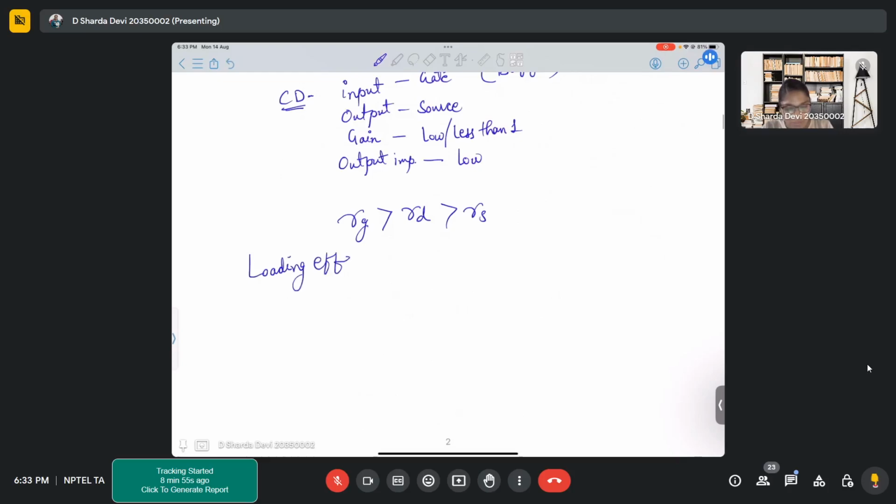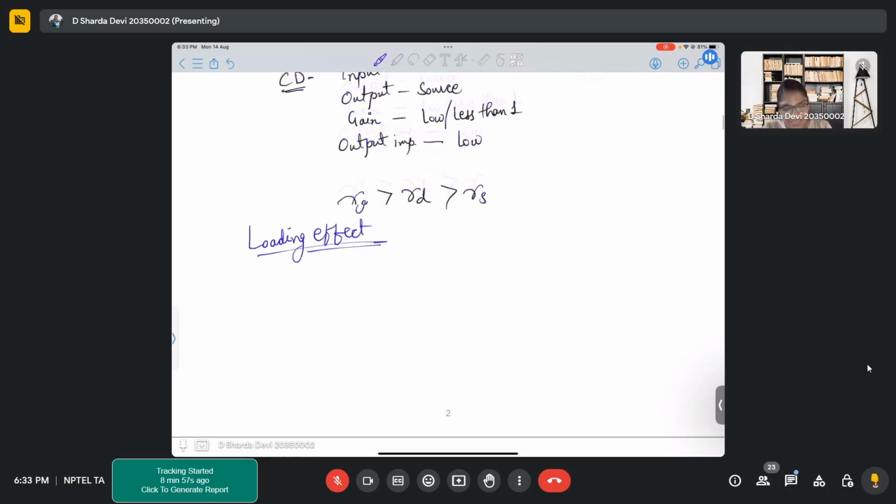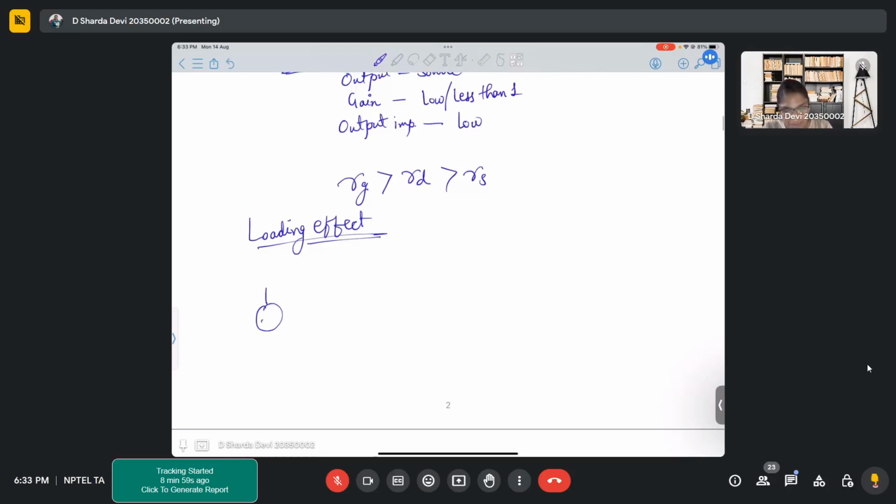Loading effect. Okay, so let me explain it to you with an example. Let's say I have a source. It is a voltage source. It has some input impedance RS. This is your complete V source, and you have, let's say, a load connected to it.